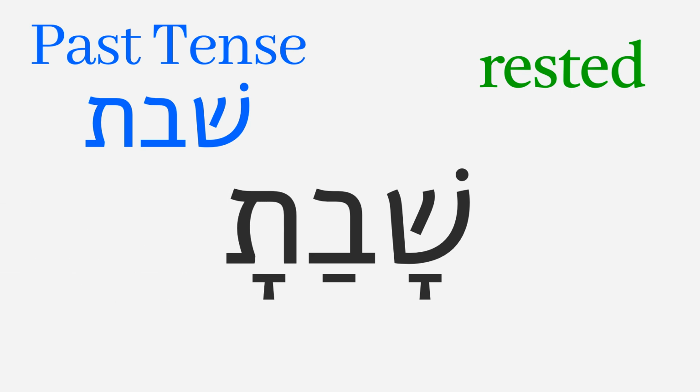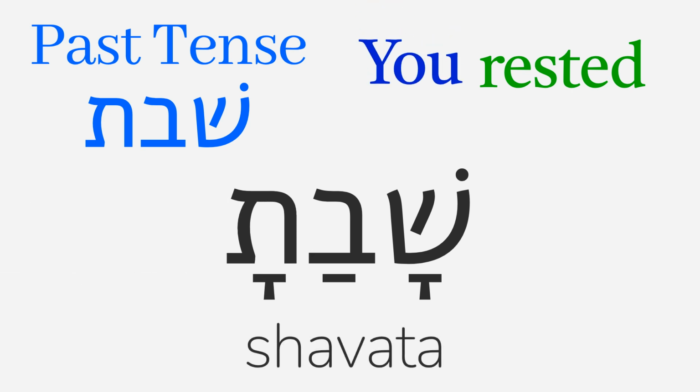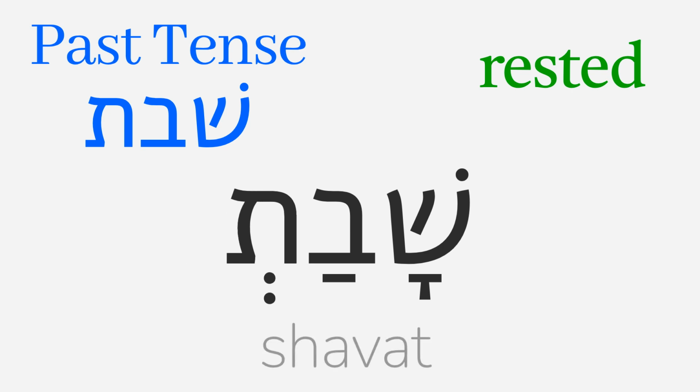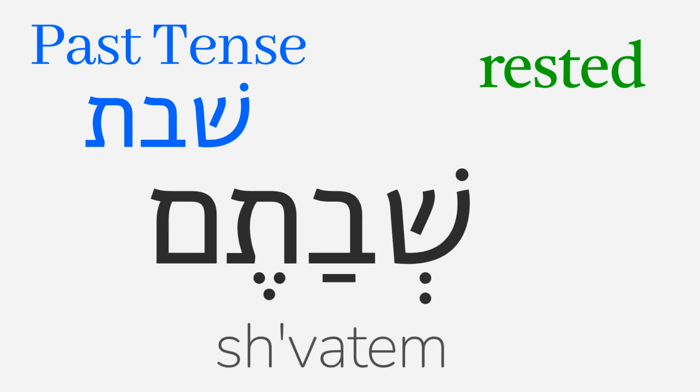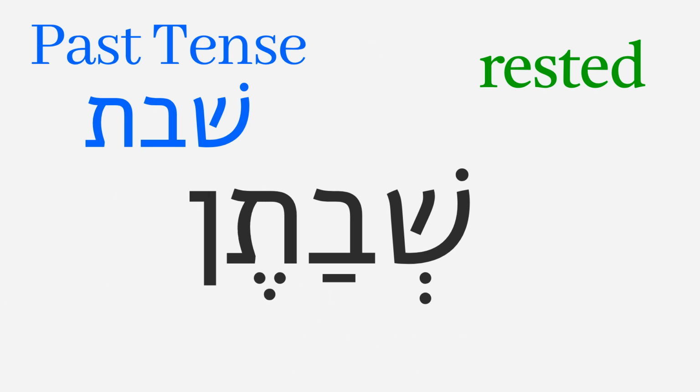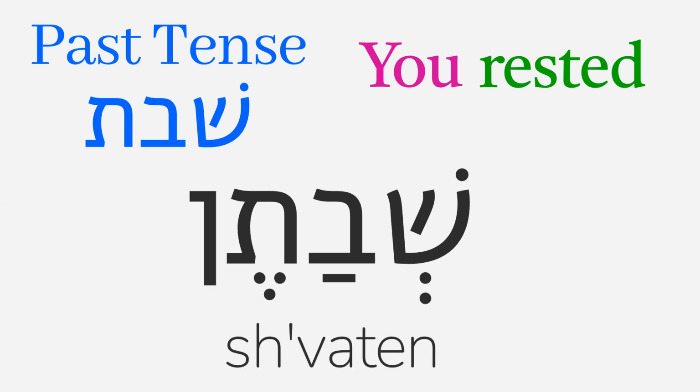Adding ta makes shavata, you rested masculine singular, and adding t makes shavat, you rested feminine singular. Shortening the first vowel to a schwa and adding tem, we get shavatem, you rested masculine plural, and adding ten, we get shavaten, you rested feminine plural.